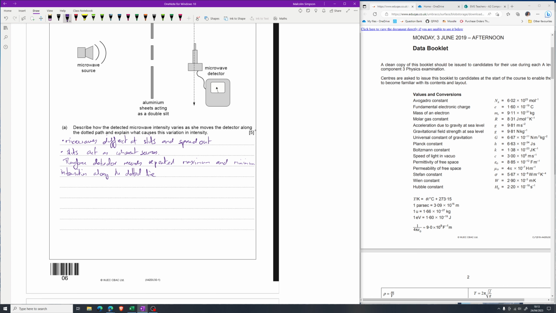Because if we're here at the center point, at center we are equidistant. You don't have to use a word like that, but you can say that the path difference is 0 is what I'm getting at. We are equidistant from slits, so 0 path difference. Hence, constructive interference.